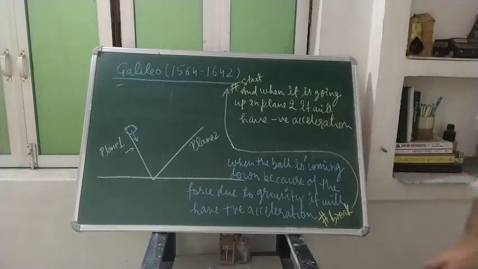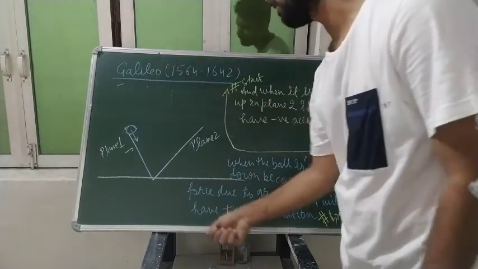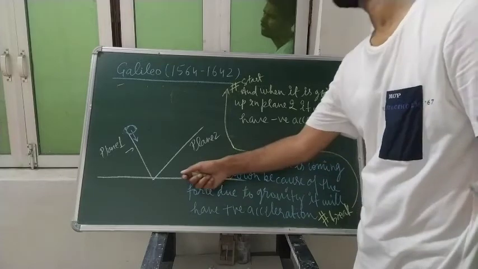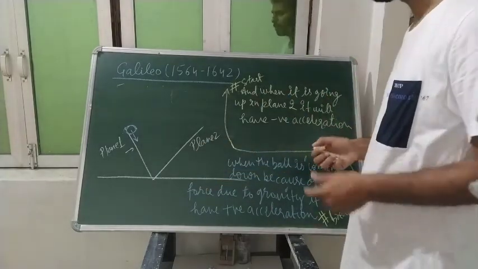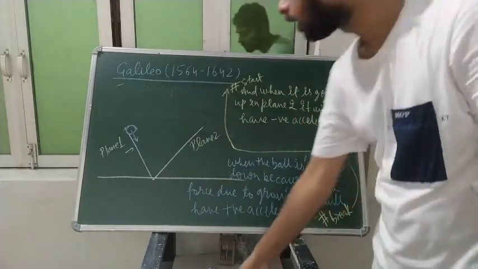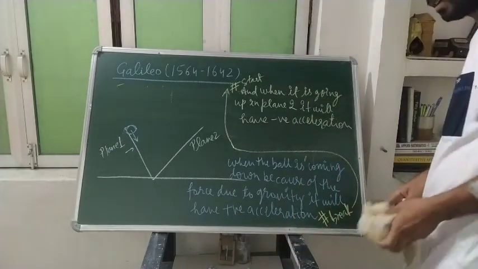So when it is coming down, it will have that positive acceleration, and when it goes up in plane 2, it will have negative acceleration.